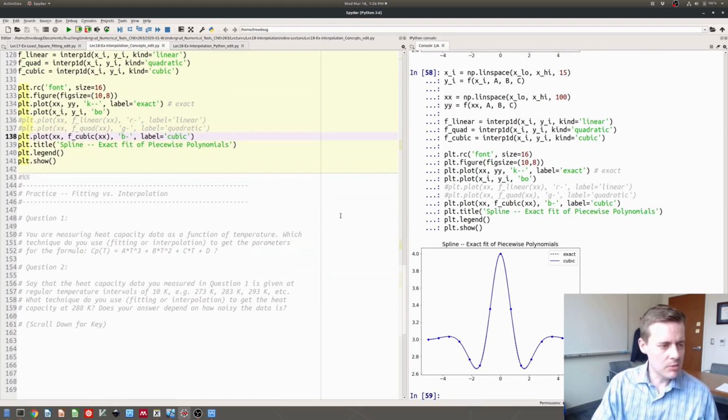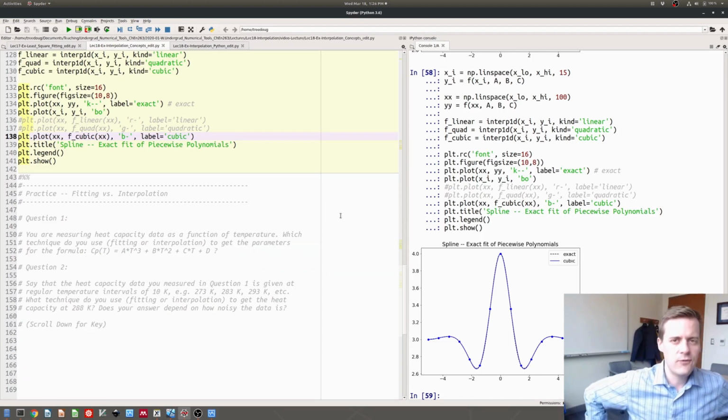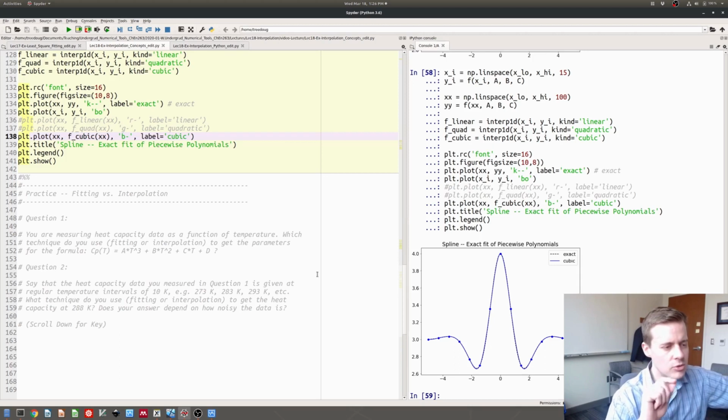Okay, so here's some practice to see if you can understand the difference between fitting and interpolation. See if you can answer these questions. I'll scroll down and tell you the answers in just a second. So question 1, suppose you're measuring the heat capacity as a function of temperature. Okay, so you're making this measurement, and you get out some data from your heat capacity measurement.